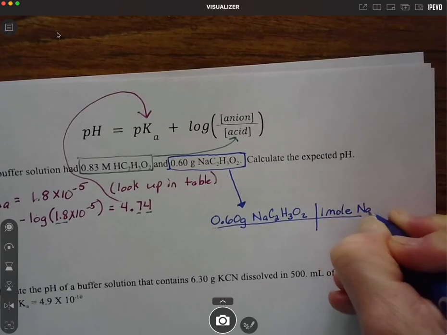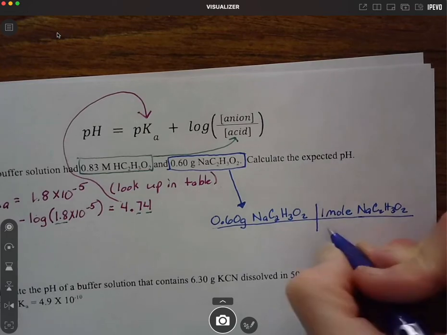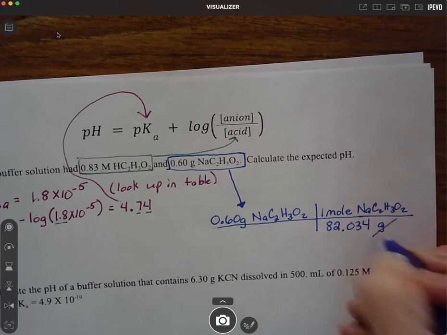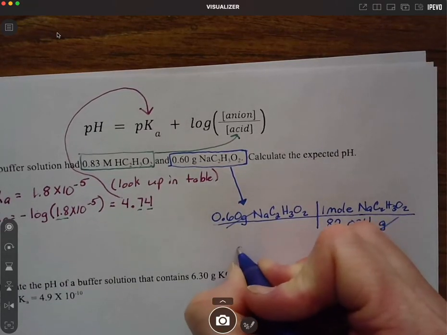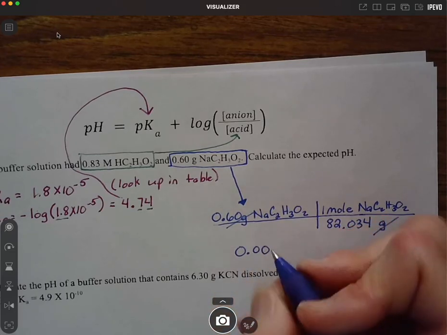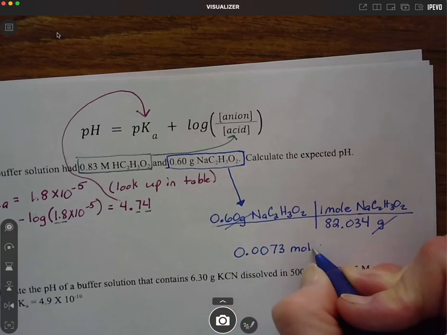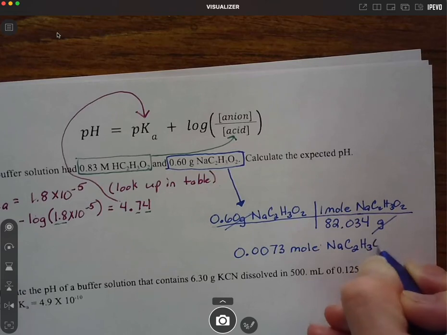A mole of NaC2H3O2 weighs 82.034 grams. Grams cancel. 0.6 divided by 82.034 means I have 0.0073 moles NaC2H3O2.